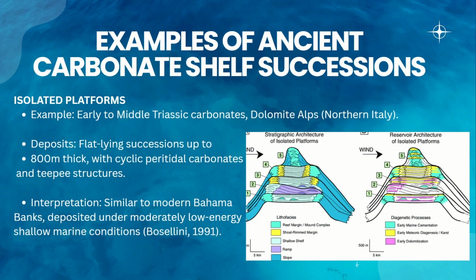According to Bosellini 1991, it is similar to modern Bahama banks. It was deposited under moderately low energy in shallow marine conditions, and beside it is the illustration for this example.